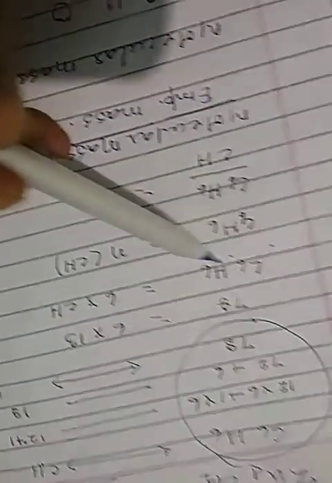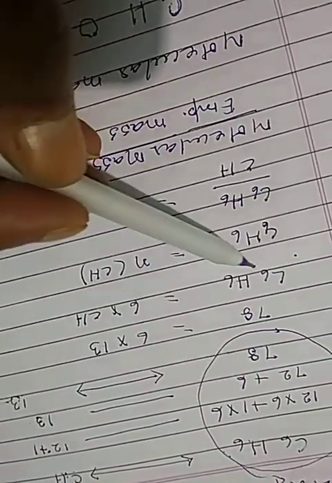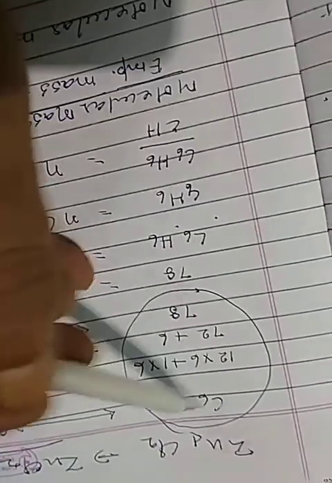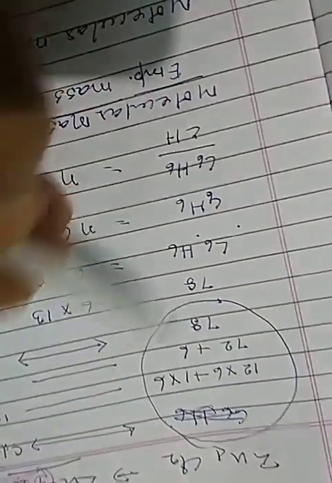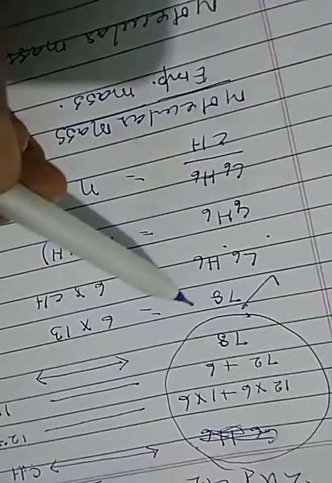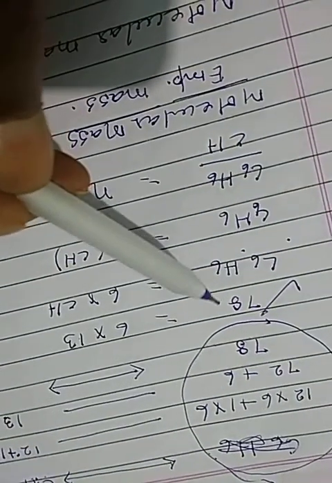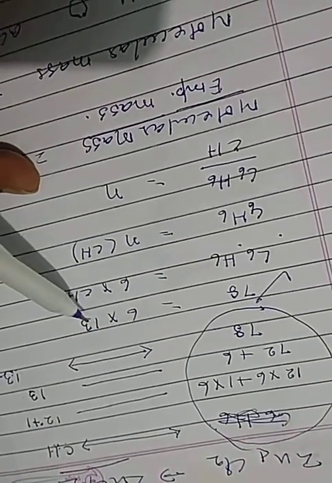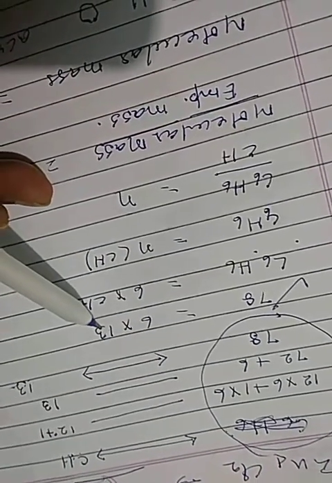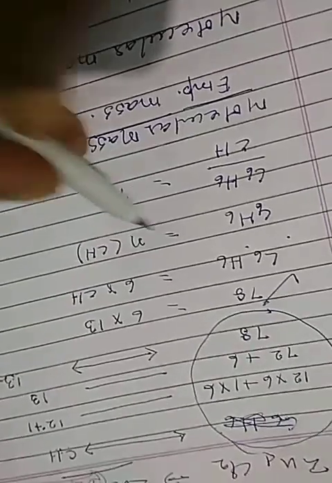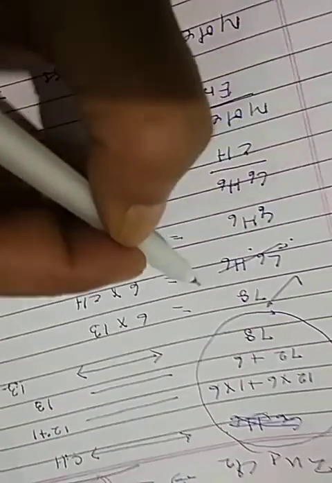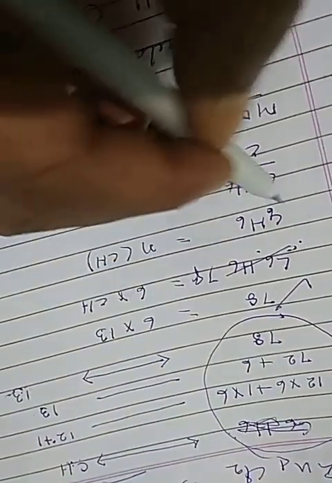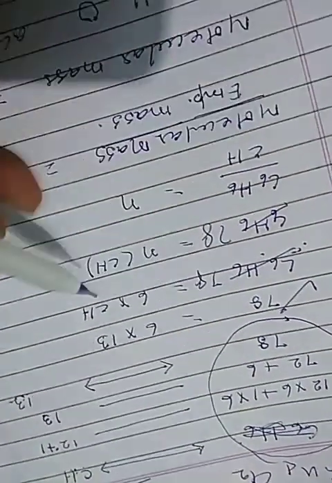So if we are given the molecular mass but not the molecular formula, directly we are asked to find the molecular formula if its empirical mass is this. We have been given not this, but 78, the molecular mass.